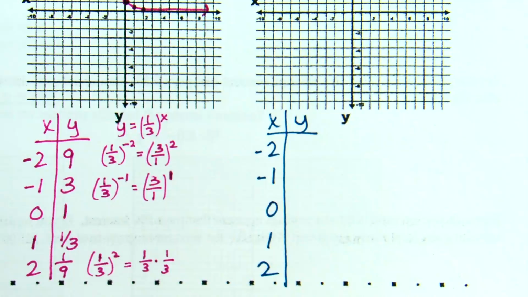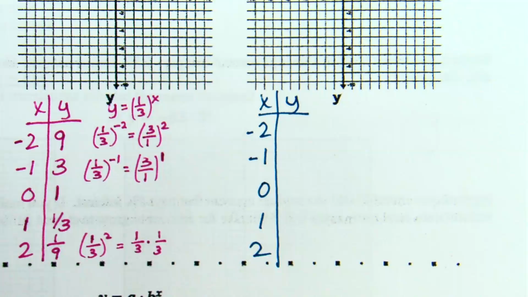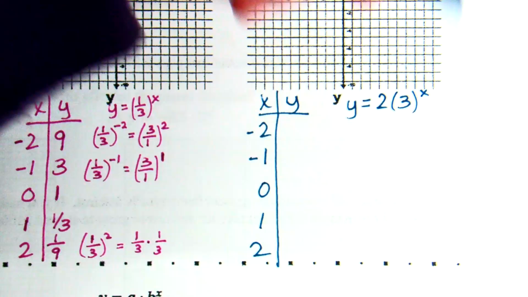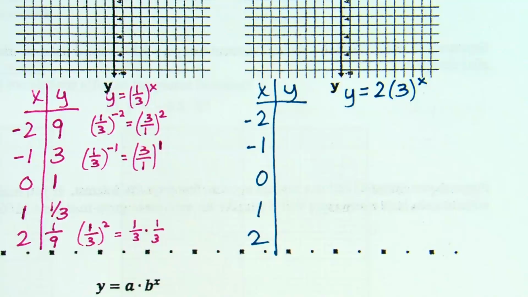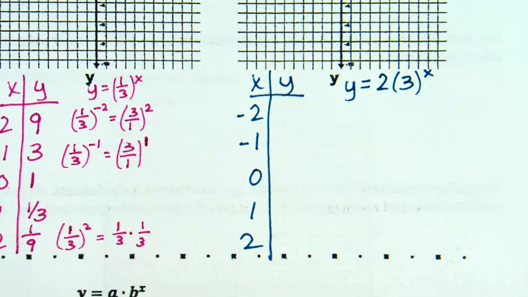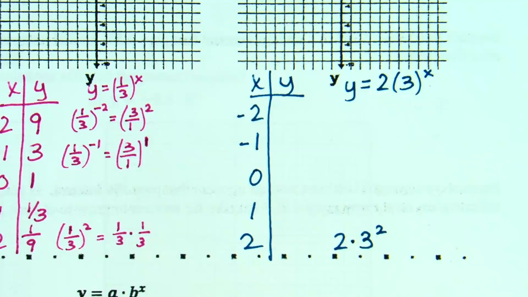And I will say the key thing is to make sure you follow order of operations. This is 2 times 3 to the x. So, not that you have to, but I'm going to start down at the positives again. So if we do 2 times 3 to the +2 is my x value.